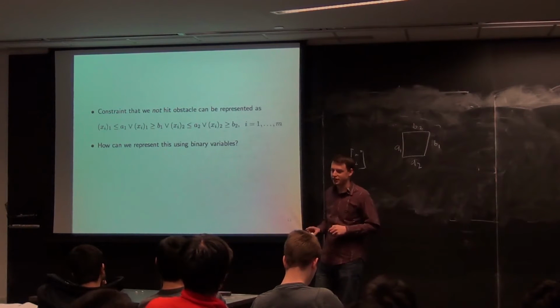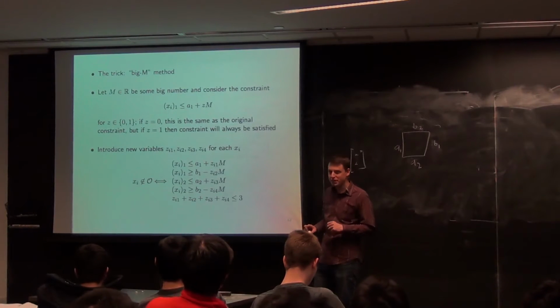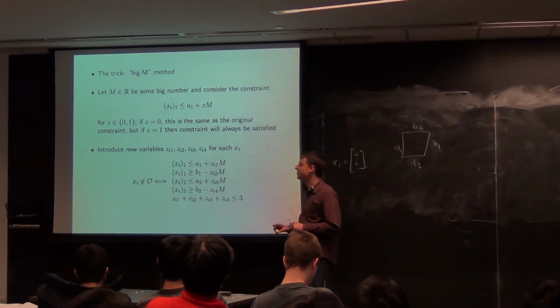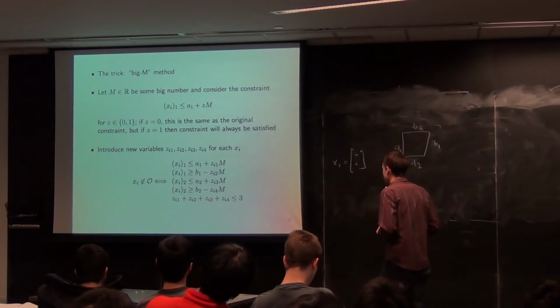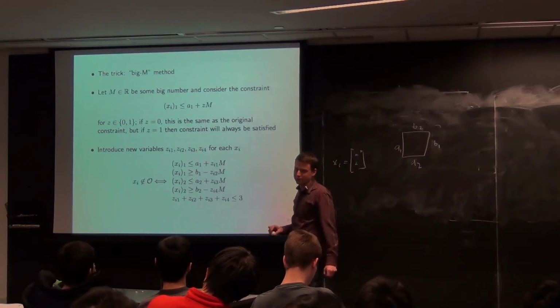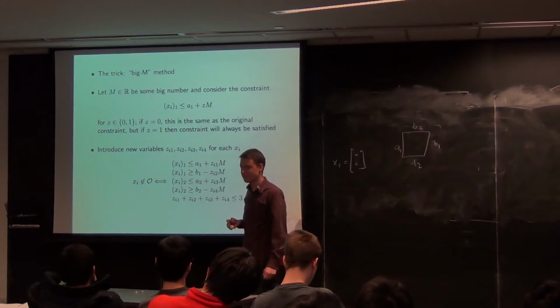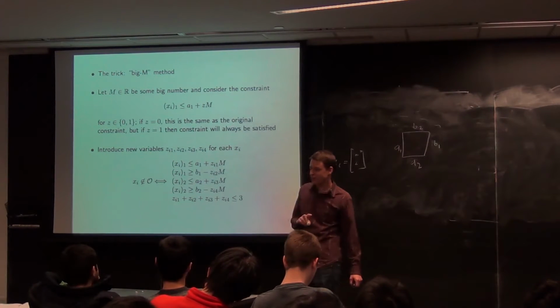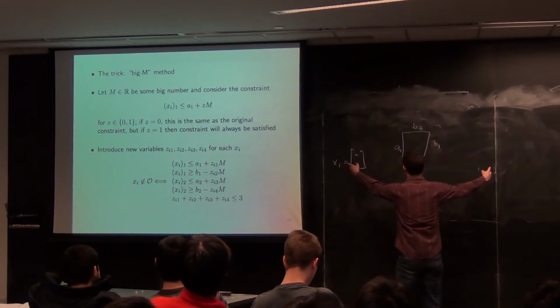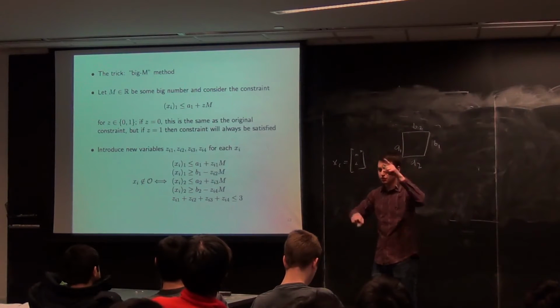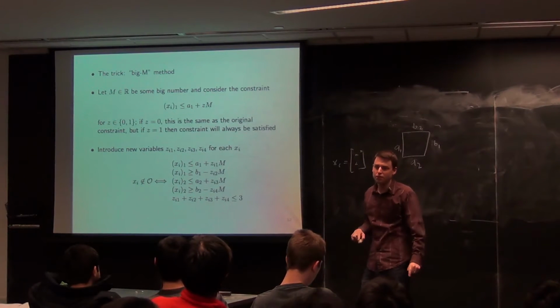So here's the trick, and it's called the big M trick. I'm going to let M be some big number. All it actually has to be is bigger than the bounds of the whole space that we care about.